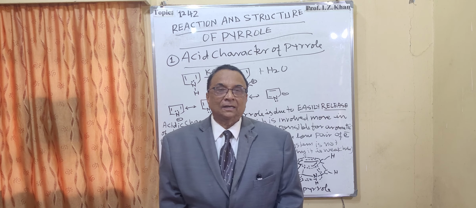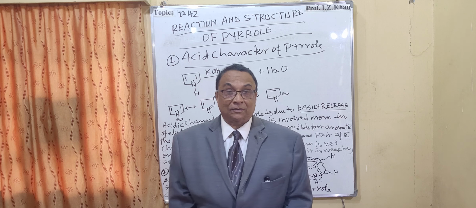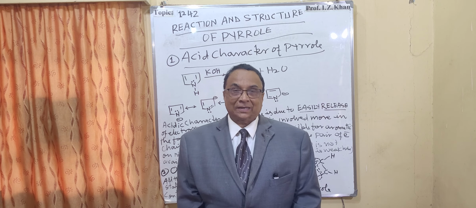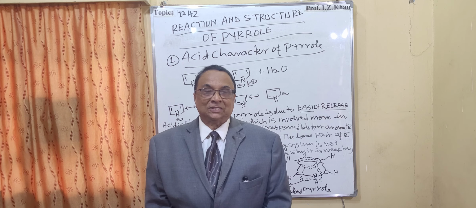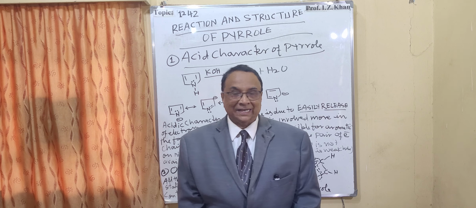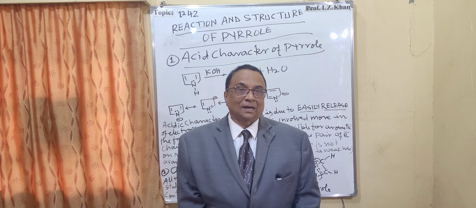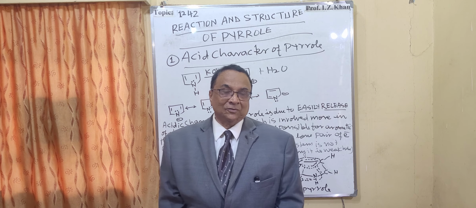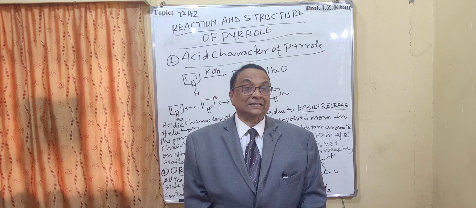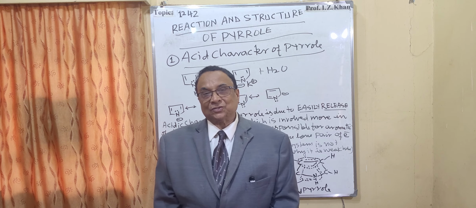The reason is that the electron sitting over nitrogen, the lone pair of electrons, is not available for protonation, but that same electron, which is part of the delocalization of pi electrons in the ring forming the sextet, is very easily available for combination with any alkali. Since the electrons are very easily available, that gives the very strong acidic character.